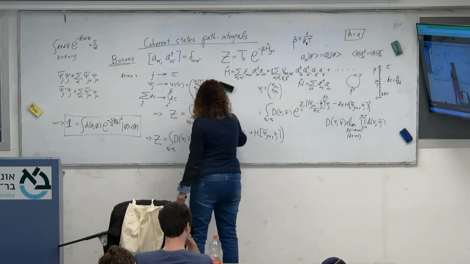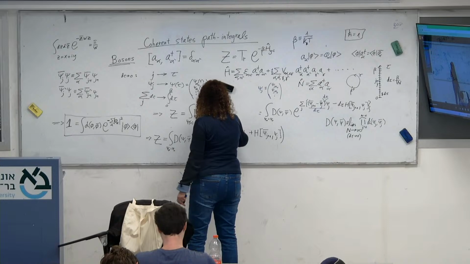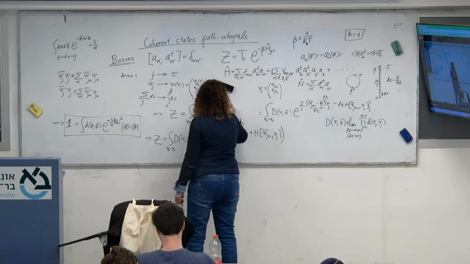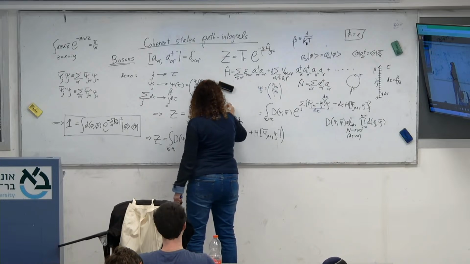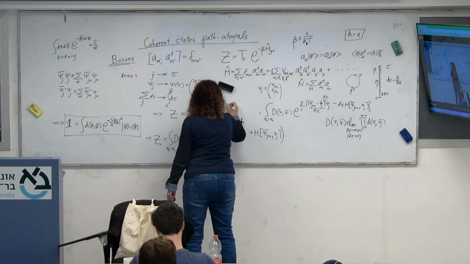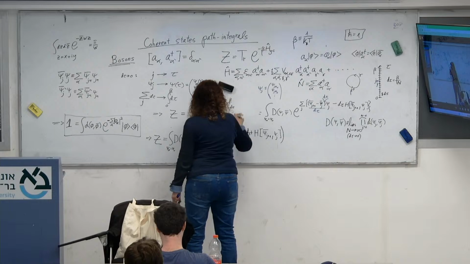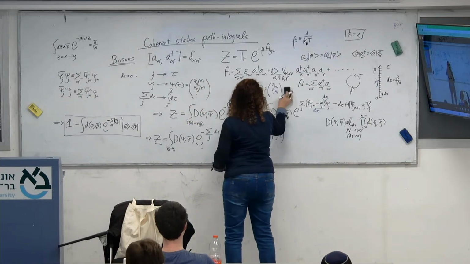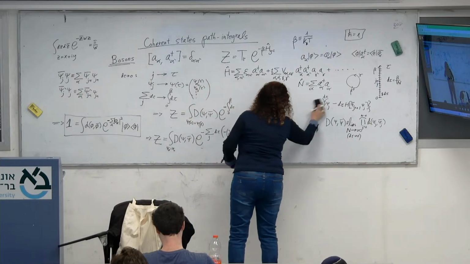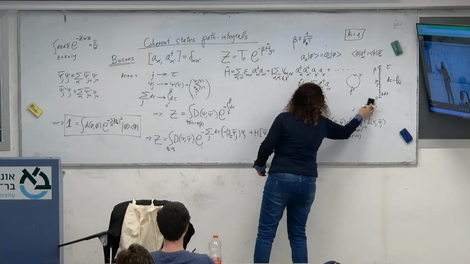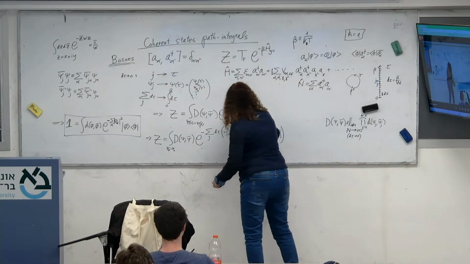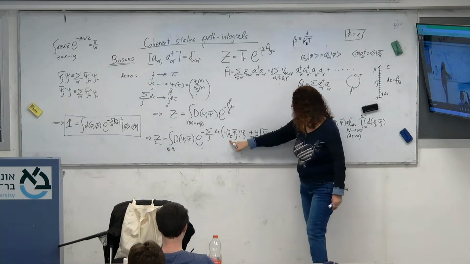And then what do we have in the integral? We have the integral of exponent of minus the integral d tau from 0 to beta. And what do we have inside the integral? Now we have to be careful.